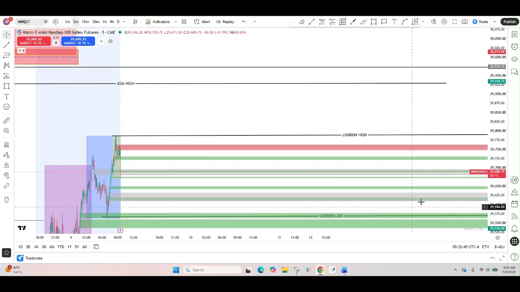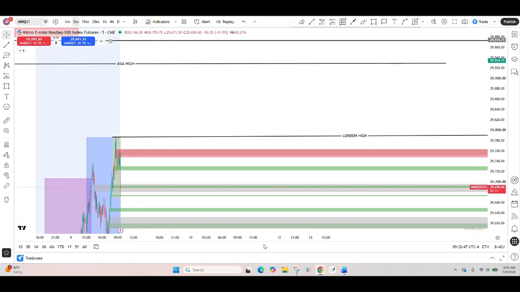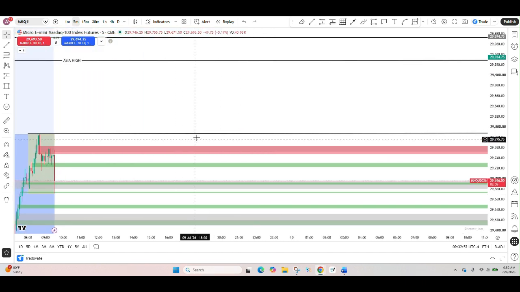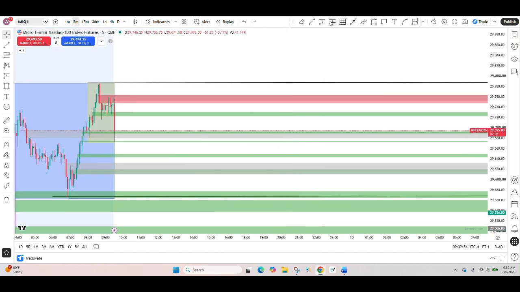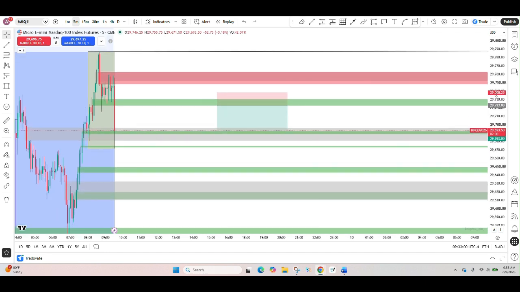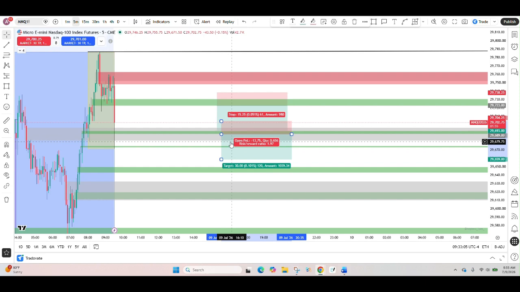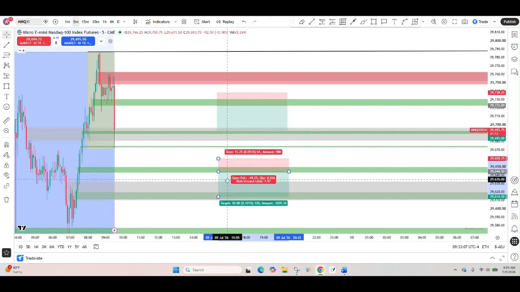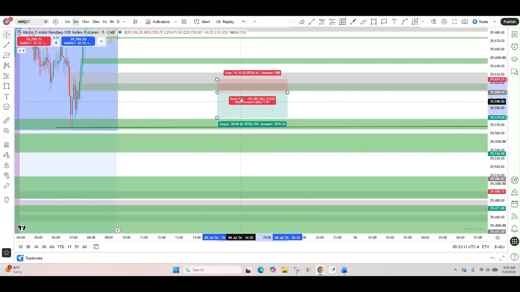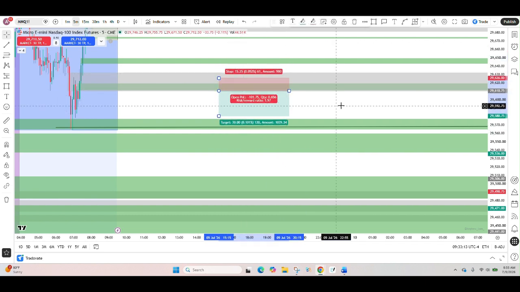Let me start to mark out some potential entries and shorts before the market gets to where we can enter. Okay, so for shorts, one right there. One right there.